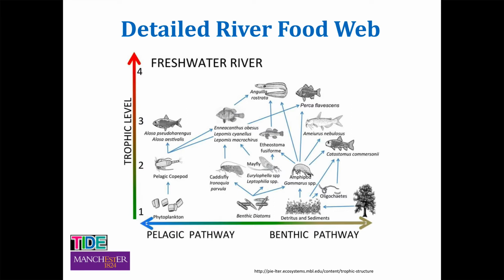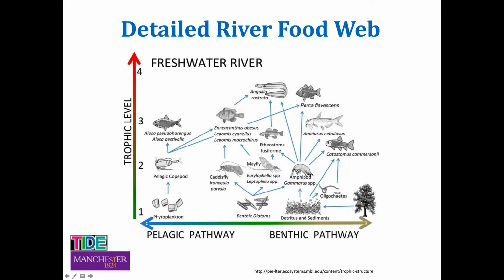So this is quite a complicated river food web, so I don't really have to worry too much about it. But what I want to show you on here is that in any freshwater system, you have a pelagic pathway, which is the area where free living, free swimming organisms are found, like fish.